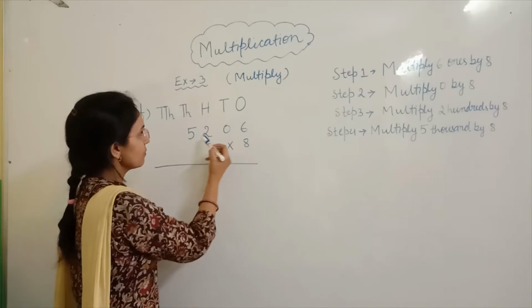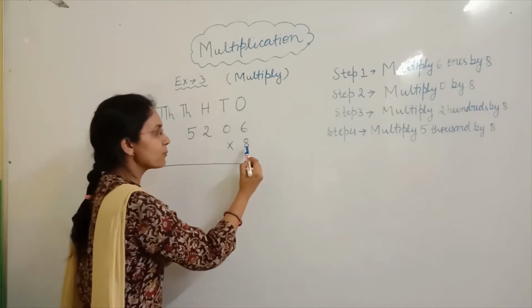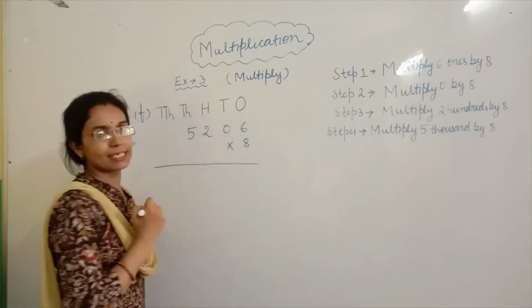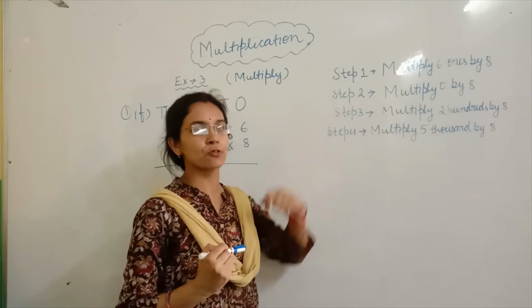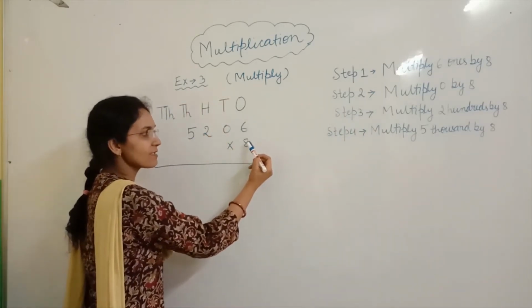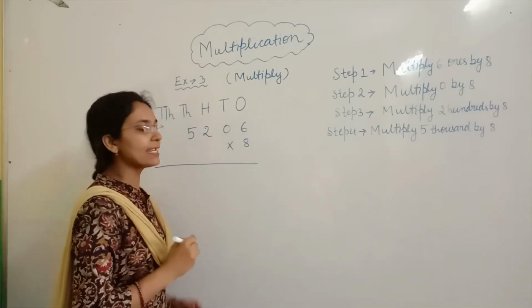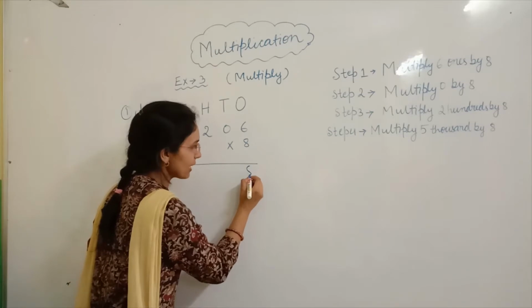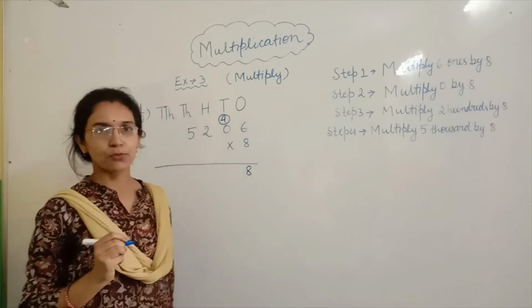First of all, we'll write down the place value as I have told you earlier also. Then 5206 you will write according to the place value and you have to multiply it by 8. Now here I have written the steps also and I am going to explain you. See, first of all we will multiply 6 and 8. 6 eights are 48. So here I will write down 8 and 4 will be carry over.